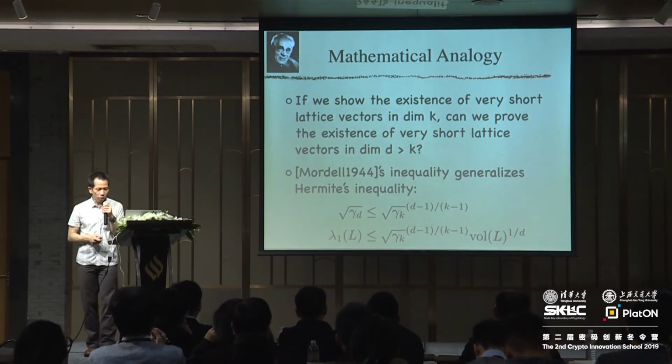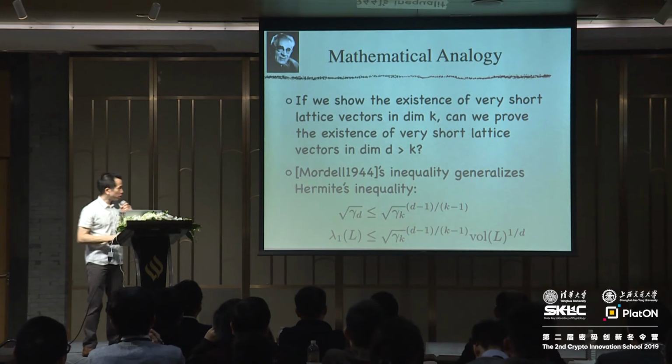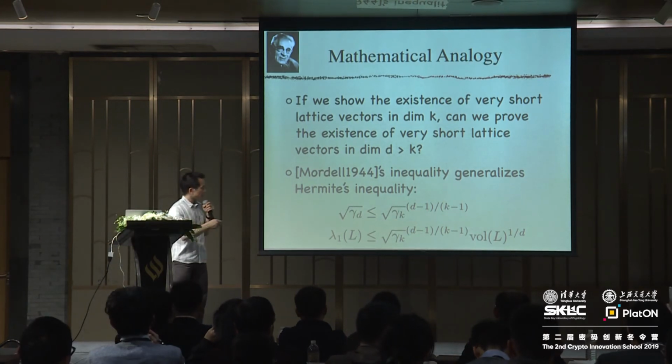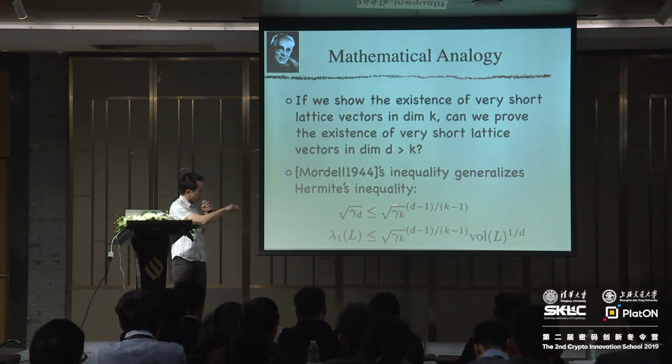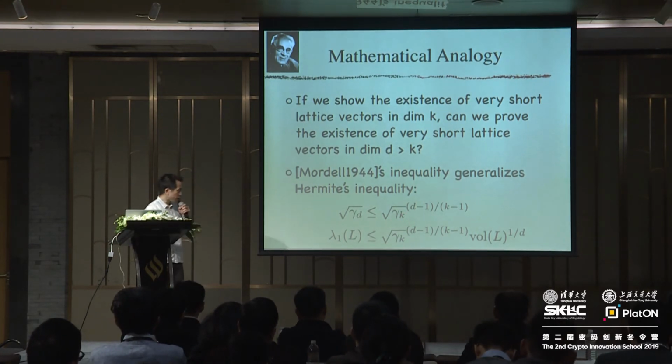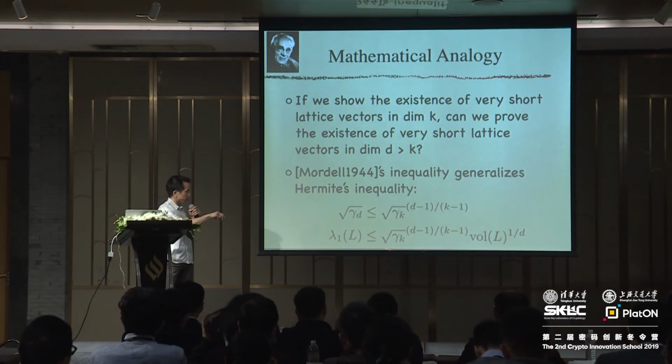He has a one-page paper showing that for any d bigger than k, the Hermite constant in dimension d can be bounded with the Hermite constant in dimension k with this relationship. So that tells you that lambda 1 is less than this.